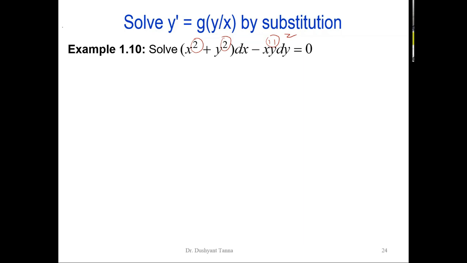Then I can simply write y on x is equal to u, y is equal to xu, wherever I find it, and convert everything from here. That will work. But if you are not confident, bring it into the y on x form. I will do both the steps and then tell you what I mean.